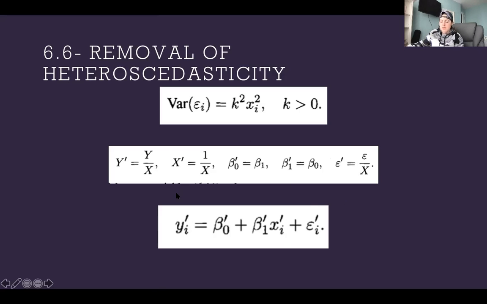Also, if you look down below here, we have y sub i prime equal to beta sub 0 prime plus beta sub 1 prime times x sub i prime plus epsilon sub i prime. So this right here is just taking all of our new variables and putting them into a linear model.